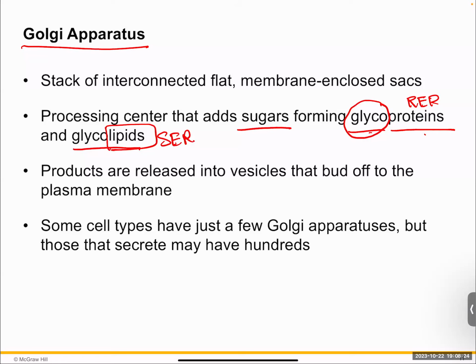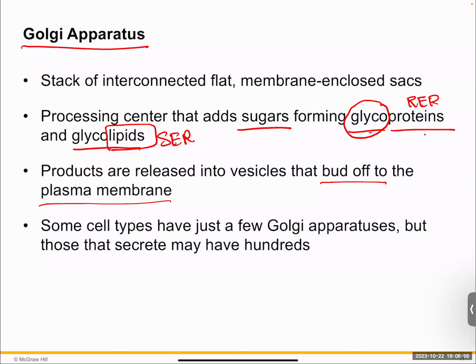Now, at the end, the products being produced by the Golgi apparatus, or I should say processed by the Golgi apparatus, are going to be released into another set of vesicles and then basically budded off from the plasma membrane. Understand that the proteins that we have synthesized, or the glycolipids, do need to go to different parts of the cell, or sometimes the plasma membrane, or even outside the cell, depending on the need of the body.